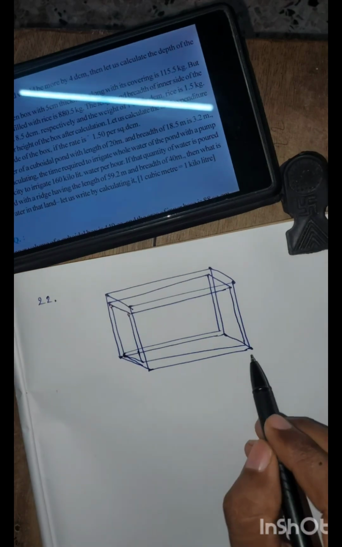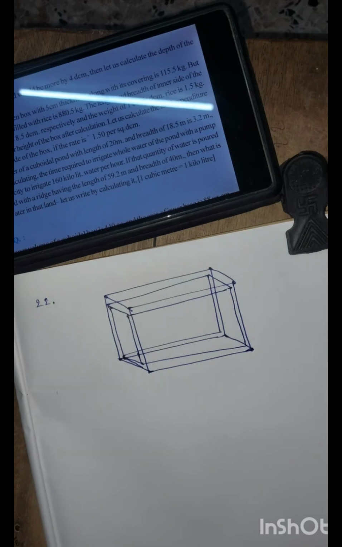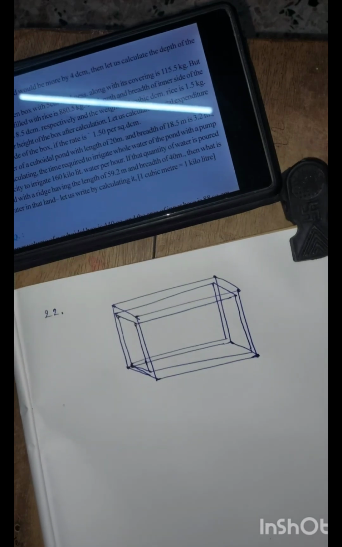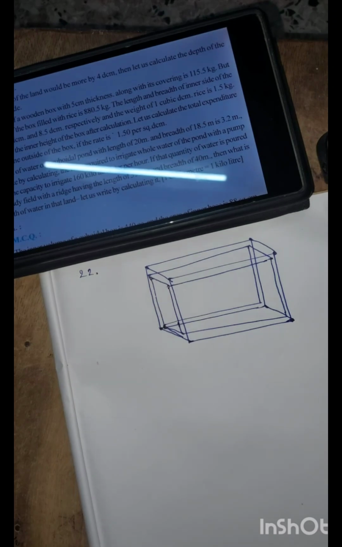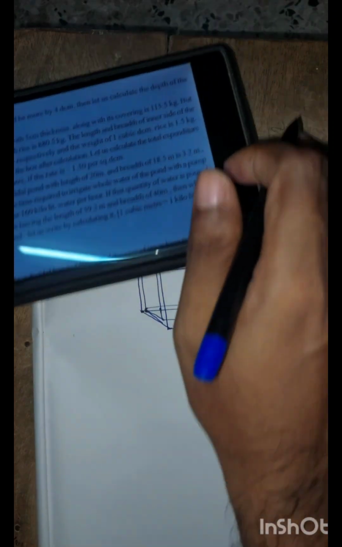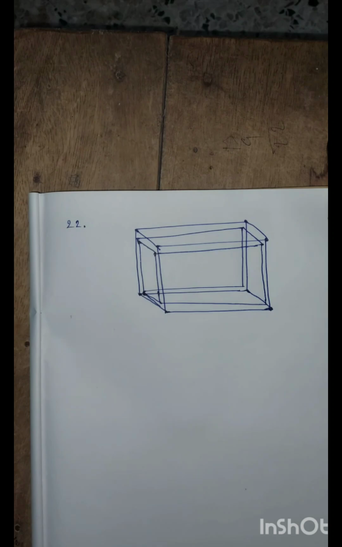Here we cannot neglect the thickness of the box. So this box will have inner and outer dimensions which are different.